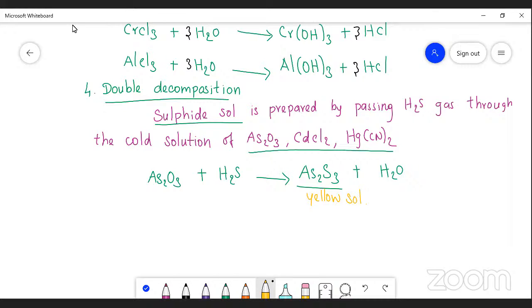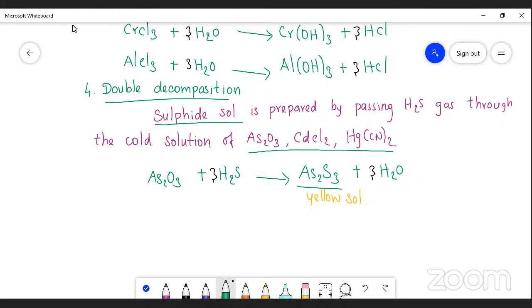To balance it, on the product side we have S3, so we take 3 molecules of H2S, giving 6 hydrogen, so 3 molecules of water. So it is balanced.